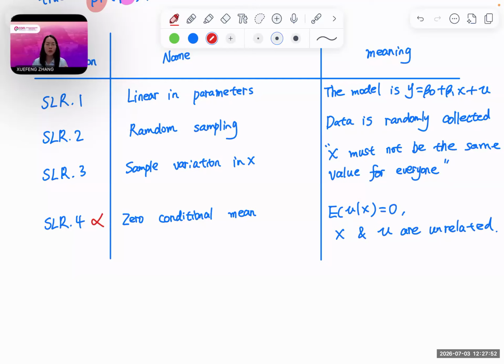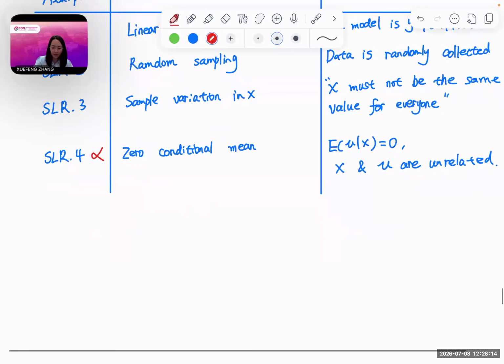For example, if you remember the education and intelligence, they are related. That means the expectation of mu given X doesn't equal 0, which means beta 1 hat, we cannot say it's purely causation, or beta 1 hat is biased. Okay, let me write it down. This assumption is hardest to satisfy.